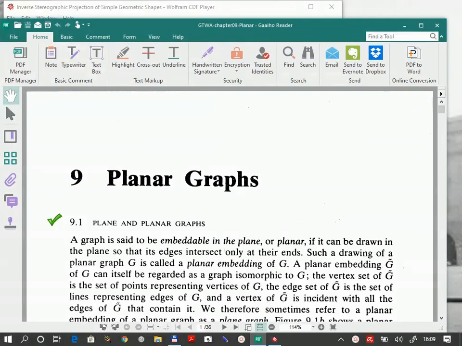I can have this one. Is this any better? Yes. Green? Okay.